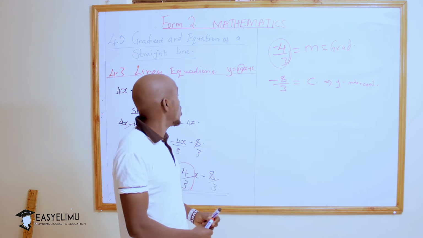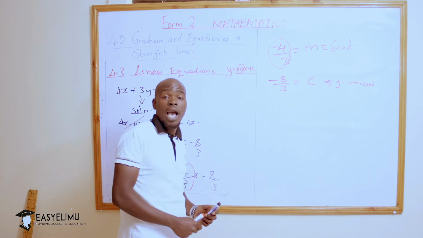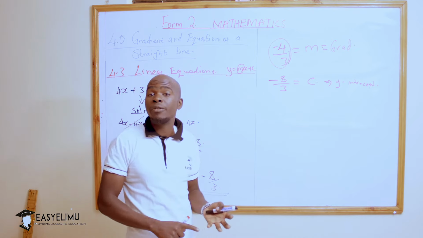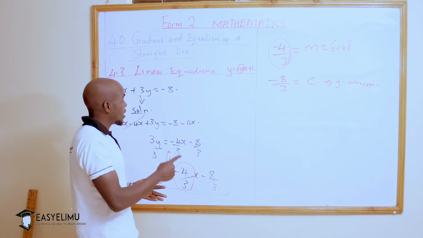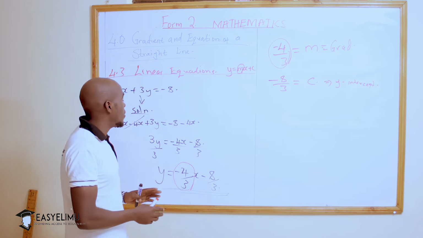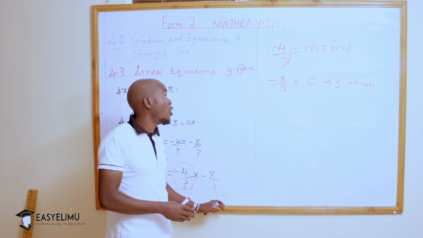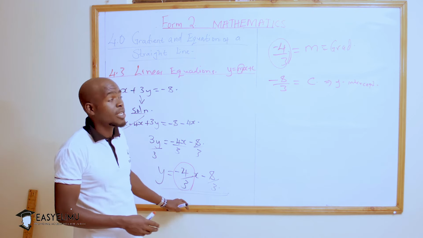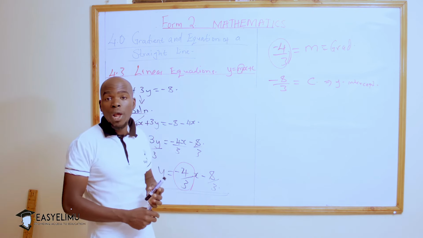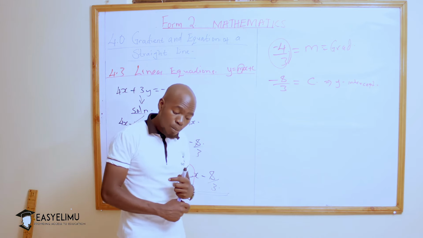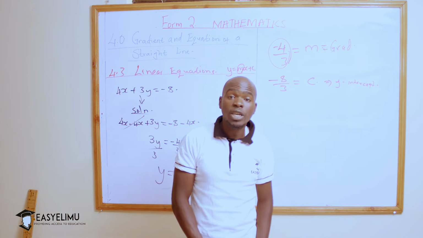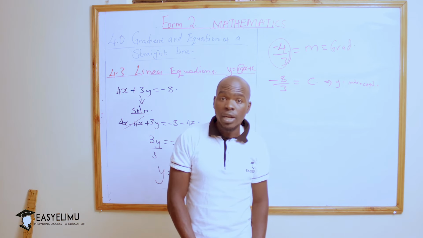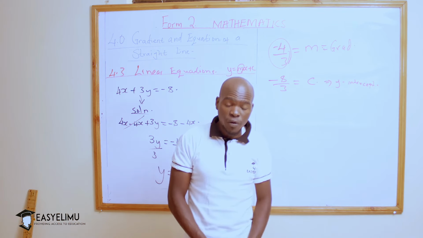In most cases some equations will have a negative gradient and others a positive gradient, but so long as you rearrange them into the form of a linear equation, finding m will be simple, and they differ from each other because of the value of m.